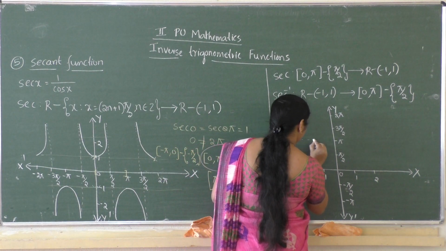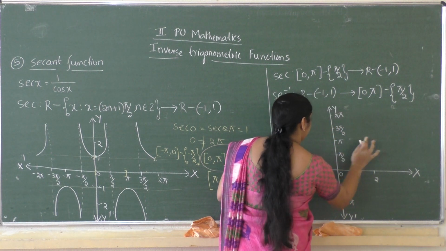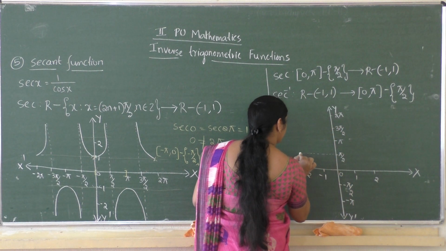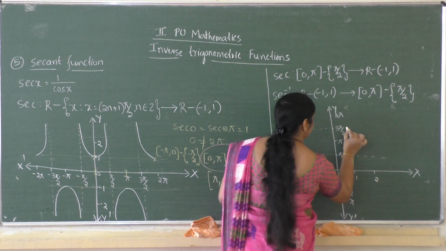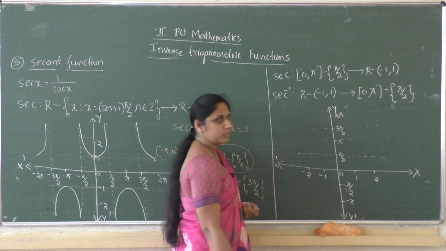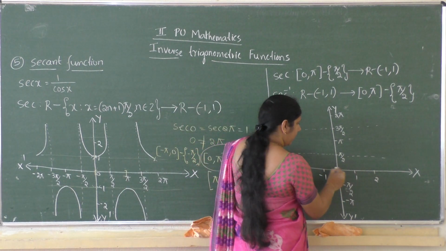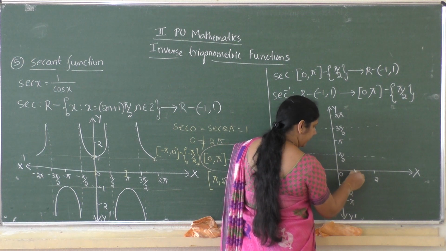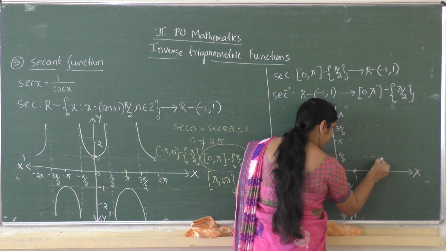Here at pi by 2 the graph is not defined, so just tilt the graph and draw it. Now what is the value of sec 0? It is 1. Again sec pi, minus 1. So the graph looks like this.